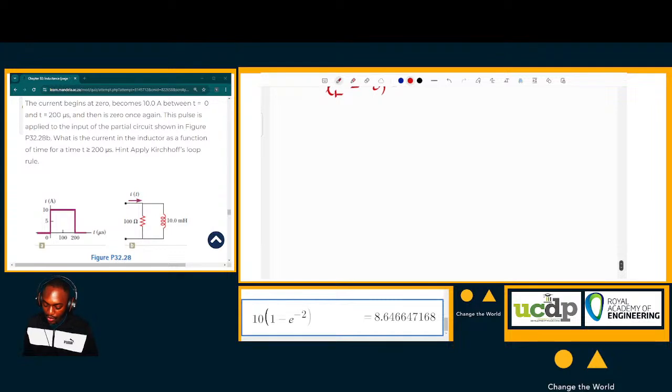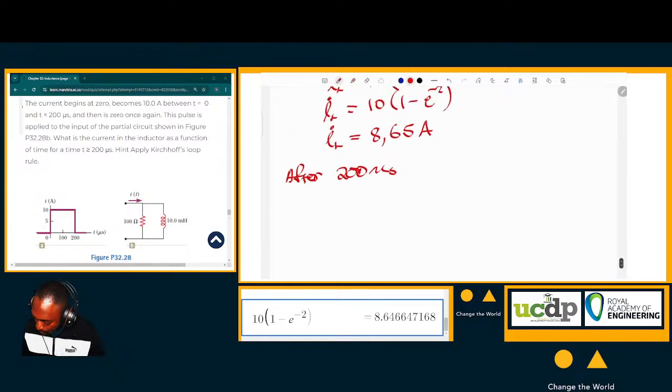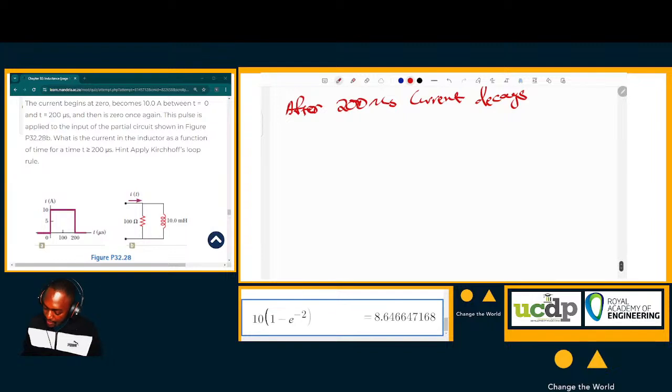Okay, so you can say after 200 microseconds, the current decays.